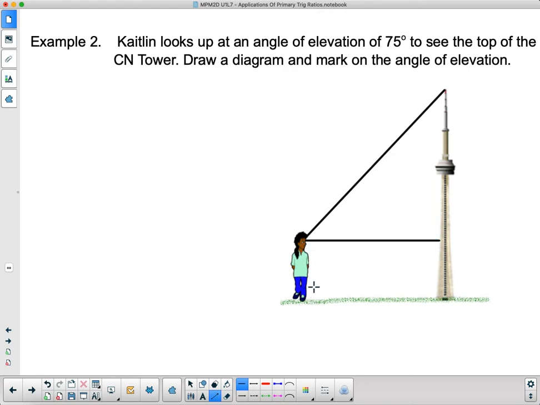Sometimes we disregard this distance in here and we would just treat Caitlin as a point, but a lot of times things that we're measuring, we need to take the height that measurement is being taken into consideration. So we're going to take that into consideration here. And then where is that 75 degrees? Well, this is an angle of elevation, so it has to go from this horizontal line up to the line of sight. And it's this angle in here that is 75 degrees.